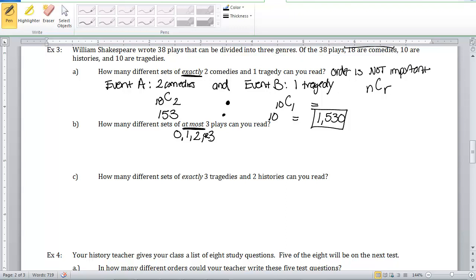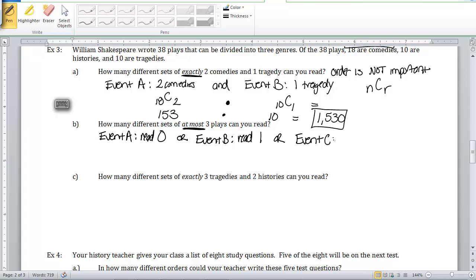So we actually have 4 different events going on here. So let's say event A is you read 0. Or event B would be that you read 1. Or maybe event C happens where you read 2. Or event D where you read 3.